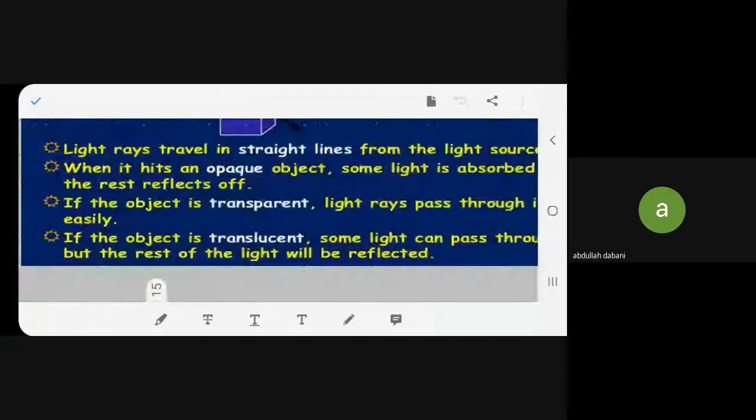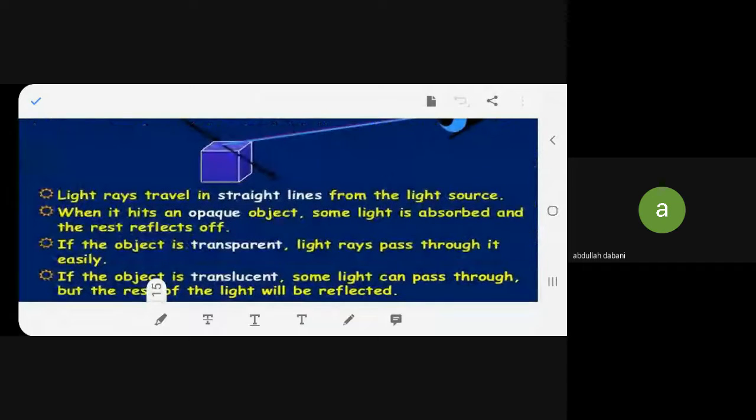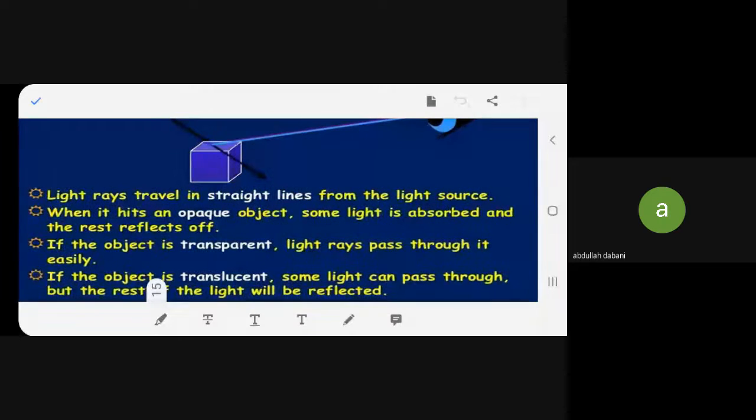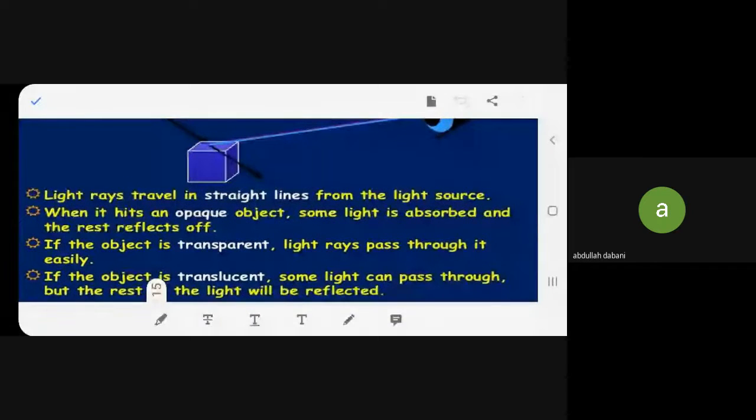Now we come to translucent. If the object is translucent, some light can pass through, but the rest of the light will be reflected. That means some light can pass through and some light will be reflected.